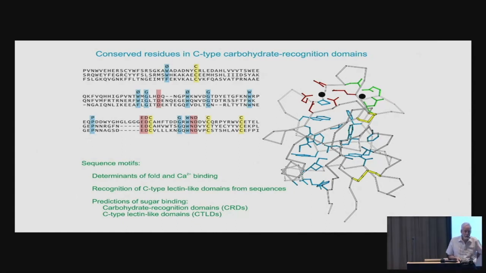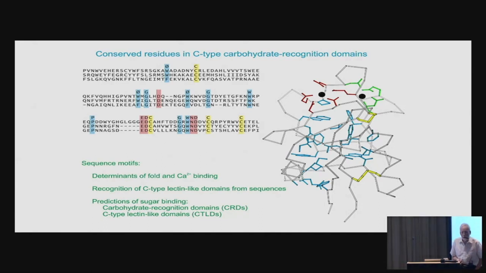But we have to be very careful at this stage to distinguish the fact that there are whole families, many examples of domains that contain all of these residues but do not contain the calcium binding site. And those domains are not likely to bind sugars. And so we make this distinction between the carbohydrate recognition domains, the CRDs, and the C-type lectin-like domains that would have a similar fold, but we would not make a sugar binding distinction.